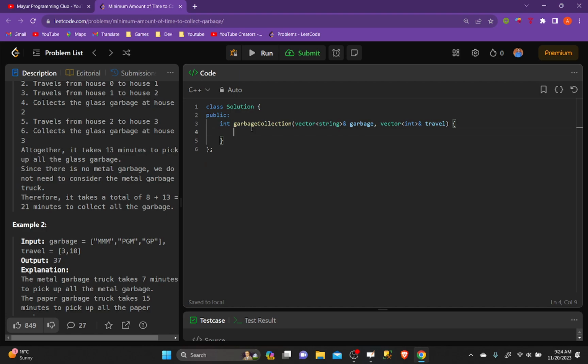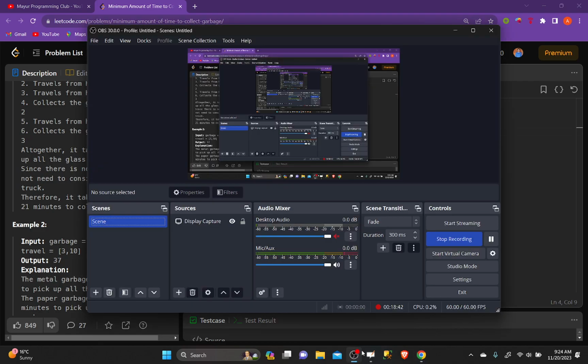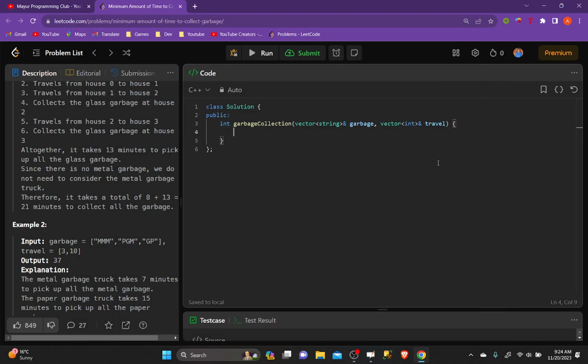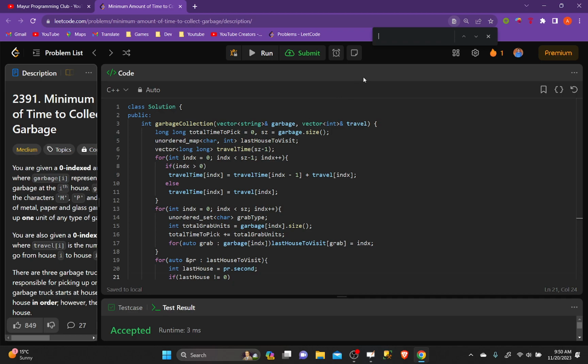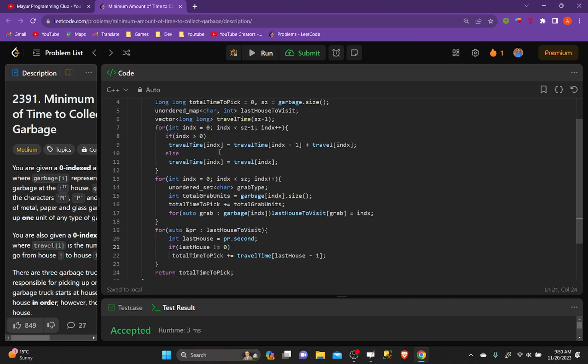Or let me pause the video, otherwise I think the length will increase. It's already 18 minutes. So let me pause the video and quickly implement it. So this is the implementation of the solution that we talked about.